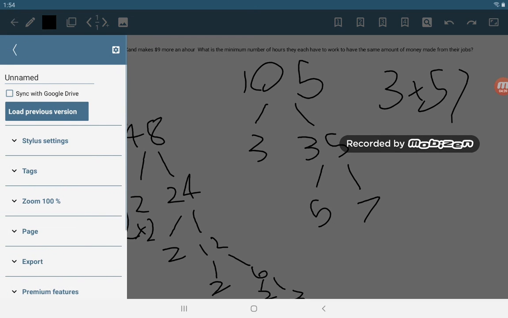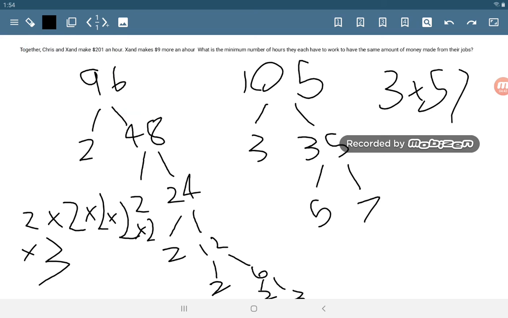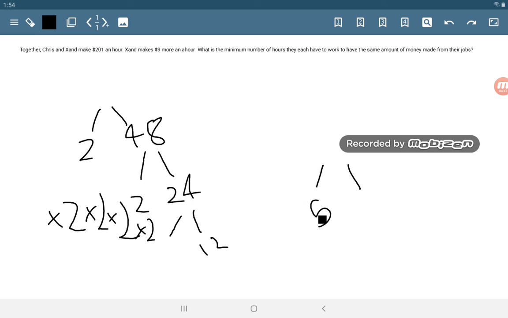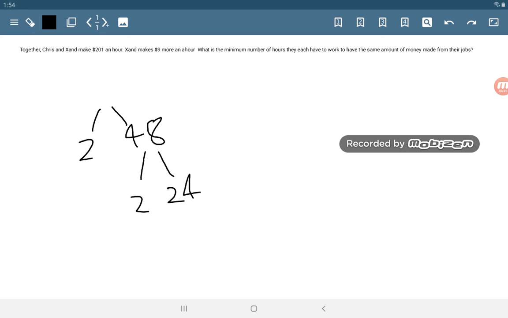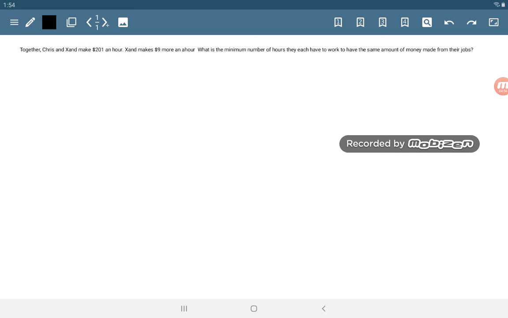So we need to multiply 96 by 35. We could just multiply 105 by 32, because we already have the 3, we just need 5 2s. But I like to multiply two two-digit numbers together because it means I can use the distributive property.